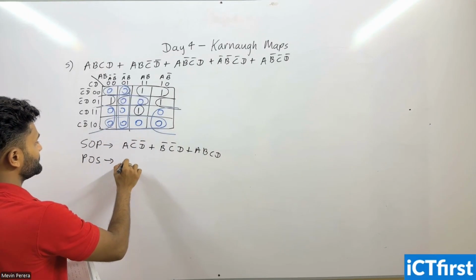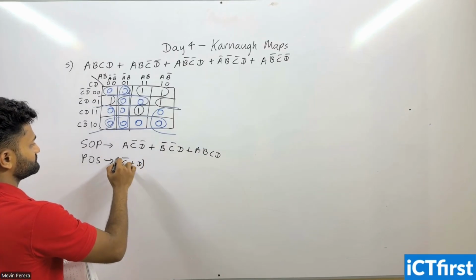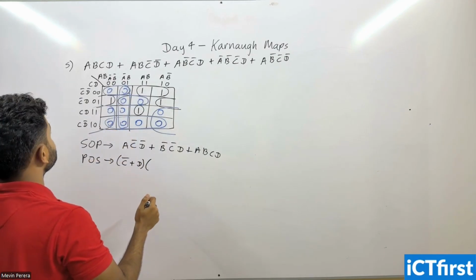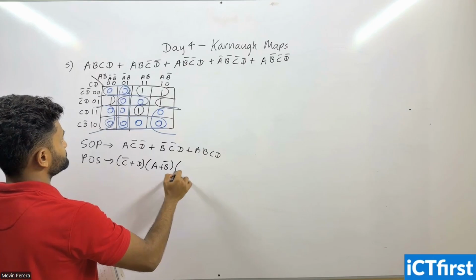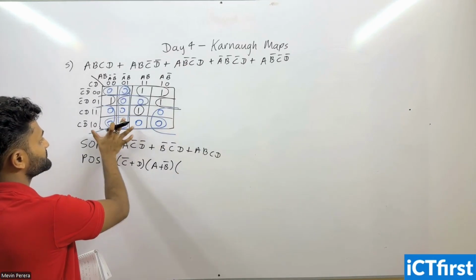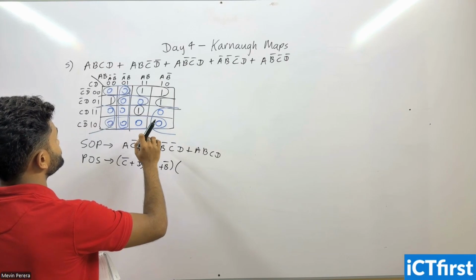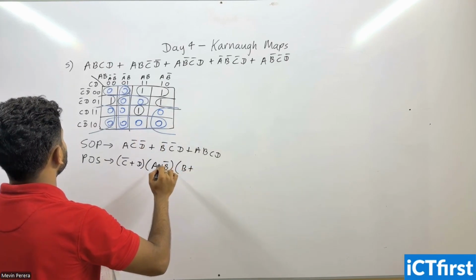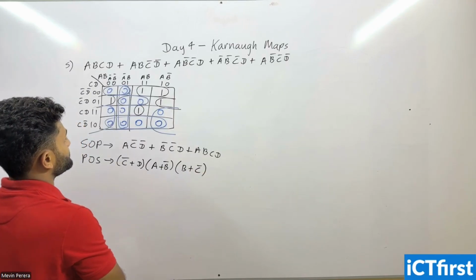Let's take this complete one. So C D bar, so that would be C bar plus D. That's one. This one, A plus B bar. Then these two and these two, that's one group, so that is B bar, then B, and then C bar.